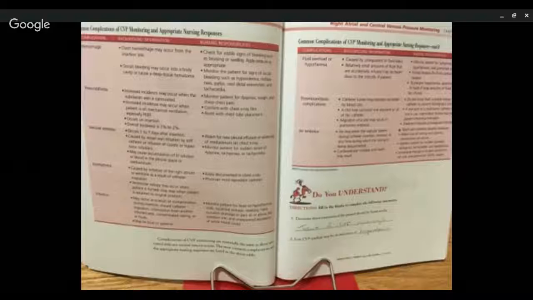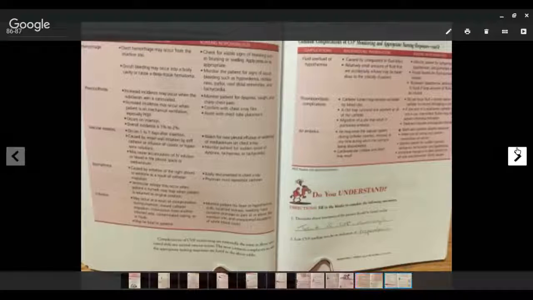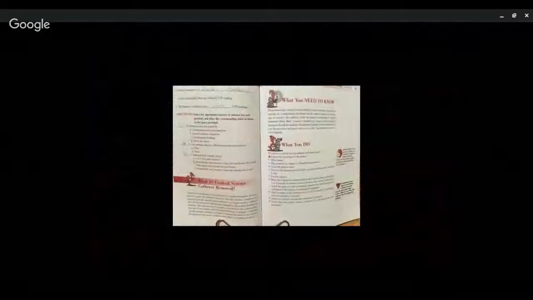Decisions about treatment of the patient should be based on the trend of CVP readings. Low CVP readings may be an indication of hypovolemia.